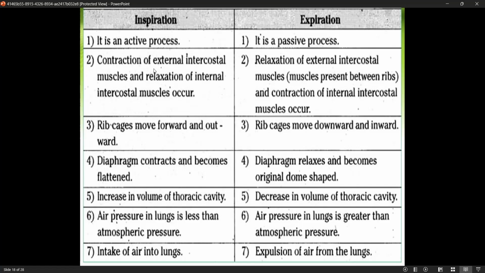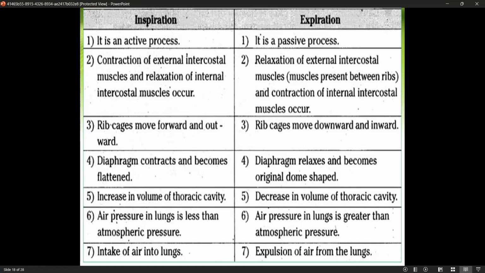For inspiration, contraction of the external intercostal muscles and relaxation of the internal intercostal muscles occur. So when we take the air in, there is contraction of the external intercostal muscles, so that with force the air goes in, and the internal intercostal muscles relax.